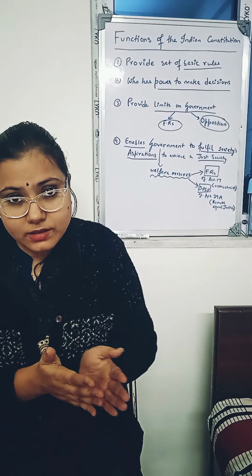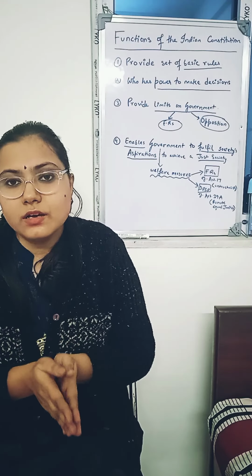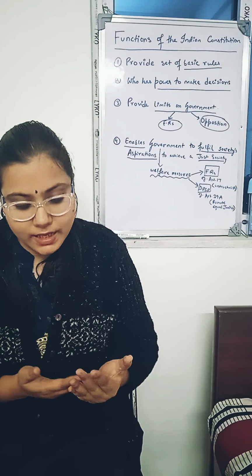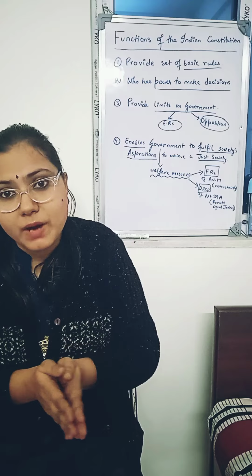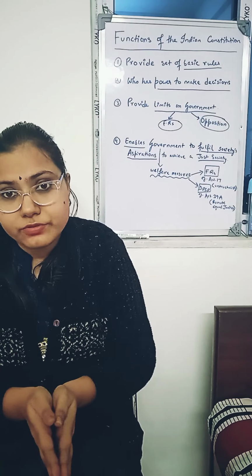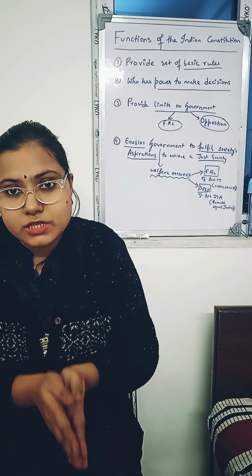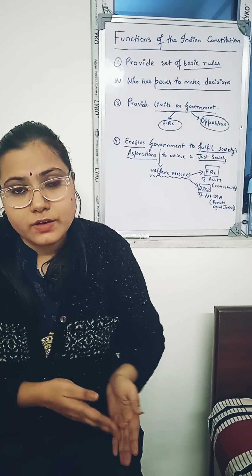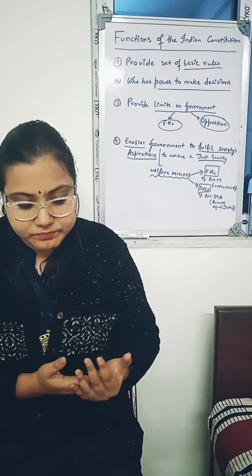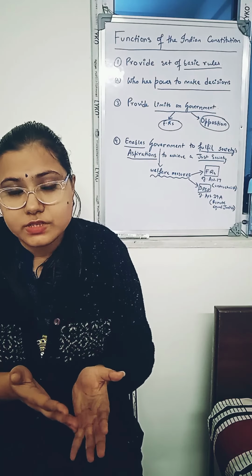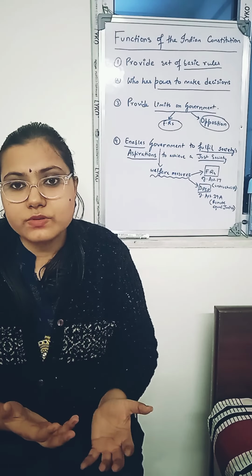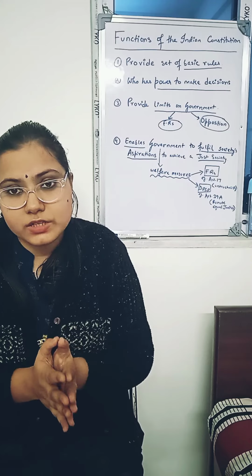Our constitution makers were so thoughtful that they provided not only limitations on the government but also empowered the government to work for the betterment of society and the achievement of a just society. So our constitution makers made it an all-inclusive, very thoughtful document.